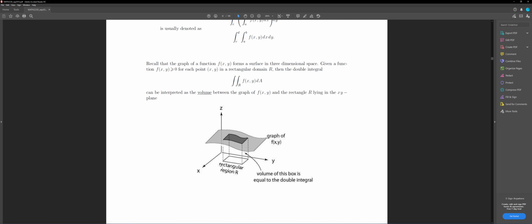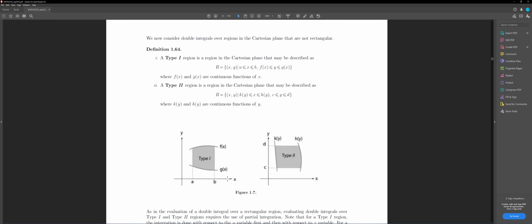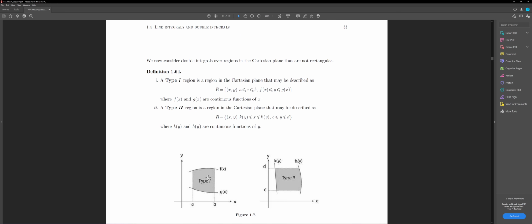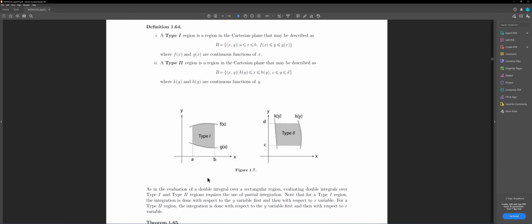This is your three-dimensional picture. This region R is down here in the XY plane. As I said, this is a three-dimensional picture. And we looked at examples of integrating where your region R was type 1 and type 2.